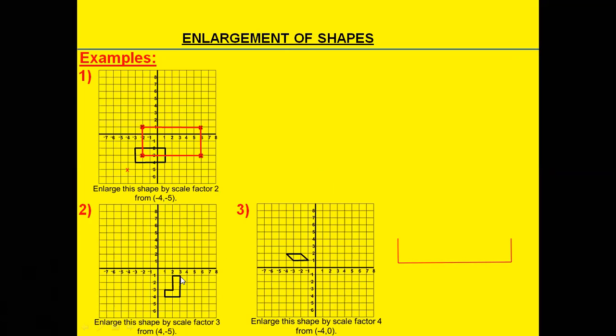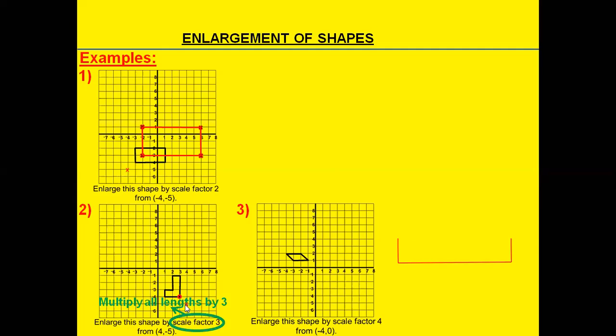Now, question number 2, you have this shape. We need to enlarge this shape by a scale factor of 3 from the point 4 with -5. First of all, the scale factor 3 means multiply all the lengths by 3. And then you plot your point. This is 4, -5. Start with the closest point of the shape.